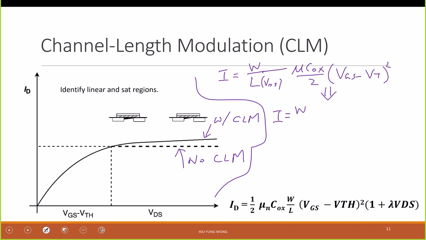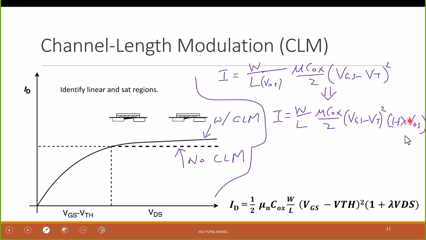I still keep L as constant, still the real L that you draw. Everything else the same. But then I add a term called lambda times VDS. So I have another term, 1 plus lambda times VDS, which achieves the same purpose, because when the VDS increases, the whole thing will increase, right?